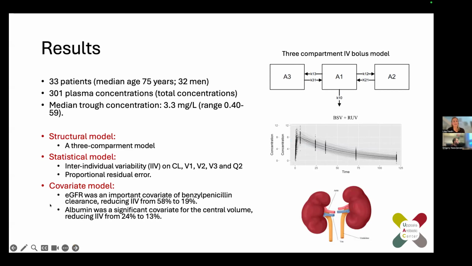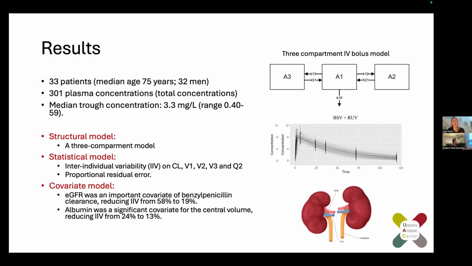When we looked at the covariate model, we found eGFR, which is an estimate of the renal function, was an important covariate for benzyl penicillin clearance. And it reduced the inter-individual variability from 58% to 19%, so almost to a third.